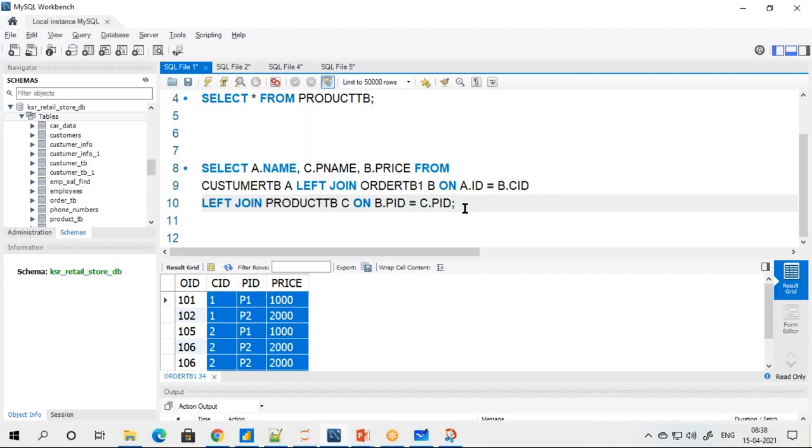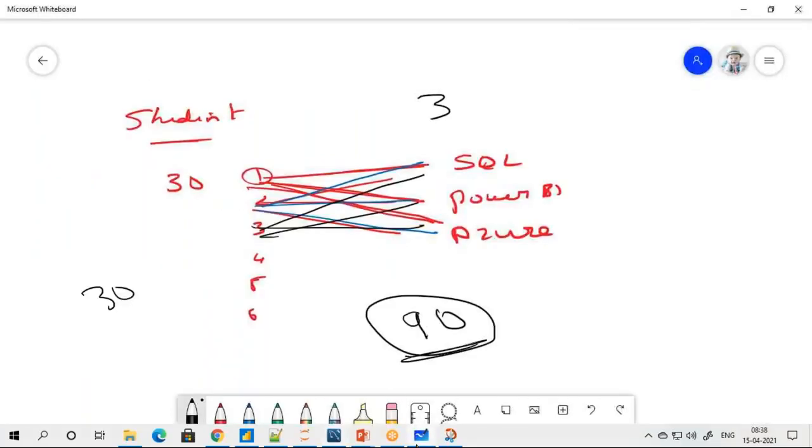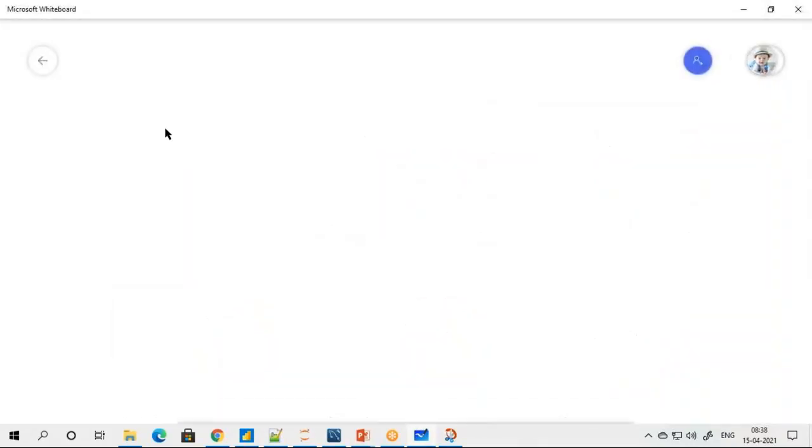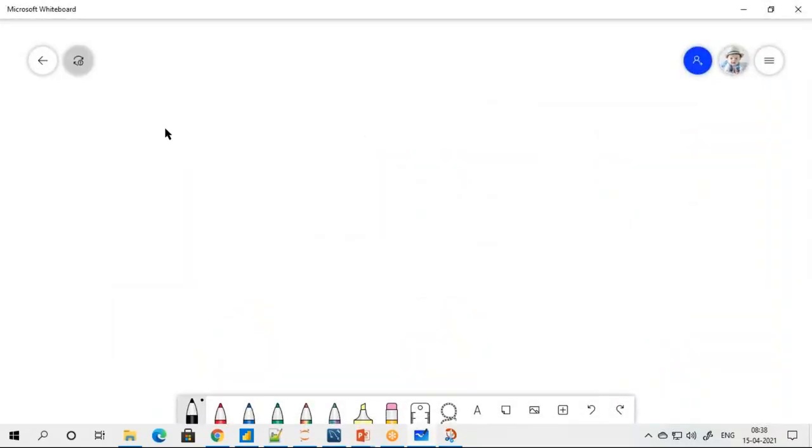Okay, and now recently I add this one question. How many joins are required to combine 6 tables? 5. How did you get that?